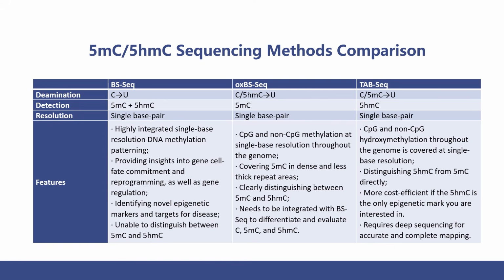TET-assisted bisulfite sequencing uses beta-glucosyltransferase to protect 5-hydroxymethylcytosine against oxidation by TET protein. 5-methylcytosine and unmethylated cytosine are deaminated to uracil, which allows the identification of 5-hydroxymethylcytosine.